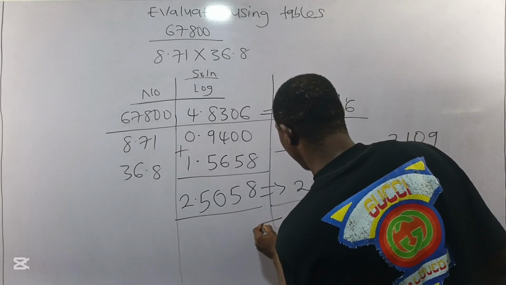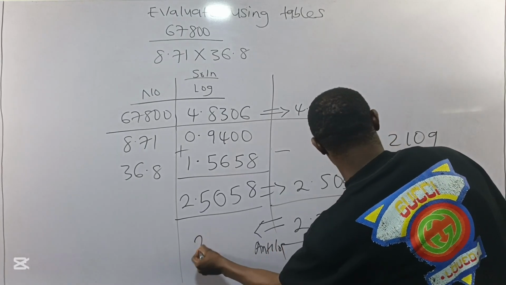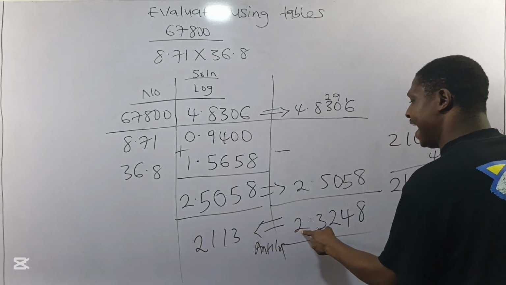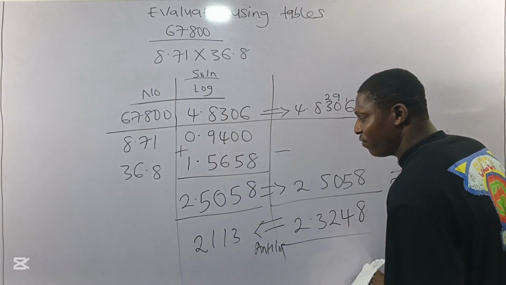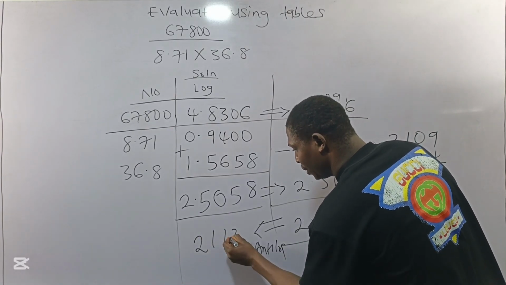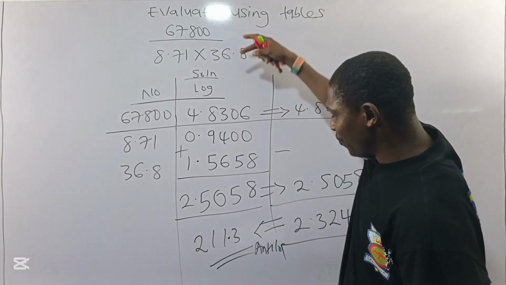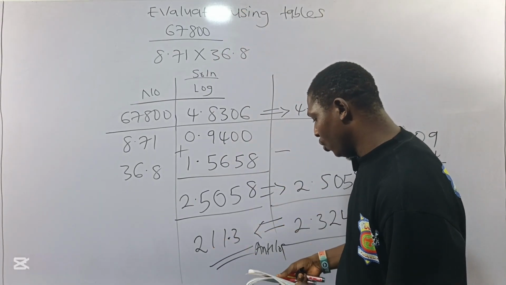So I therefore have my antilog to be 2113. But I have 2. If I add 1 to 2, I have what? 3. So my decimal point will be placed after the third number, which is 1, 2, or 3. And my final answer of the evaluation of this expression is 211.3.